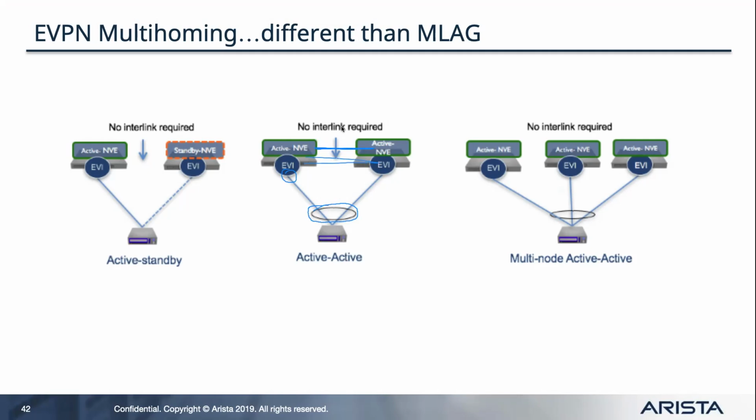So that's why we need to use type 1 and type 4 route, right? We will see what purpose each one of these solves, right? But basically for multi-homing devices where you don't have MLAG pair between 2 devices, we use type 1 and 4.